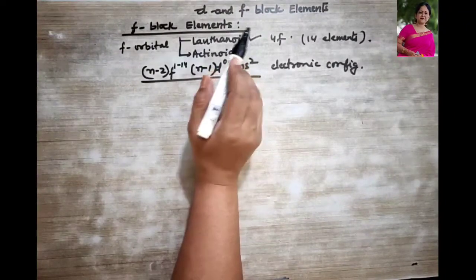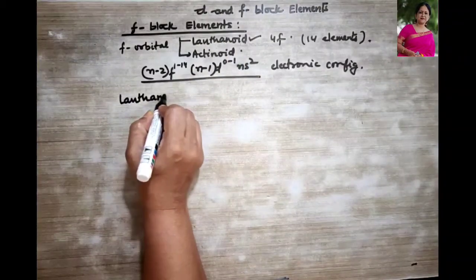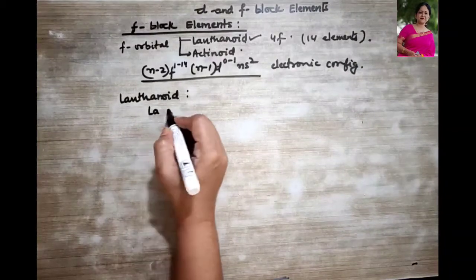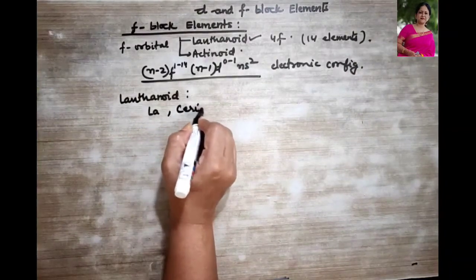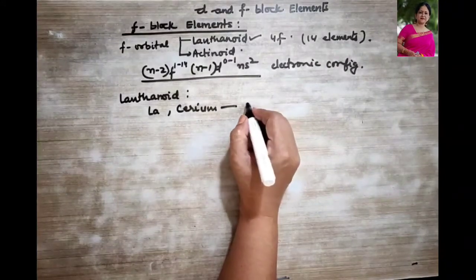And the lanthanoid series starts from lanthanum, goes to cerium, and goes till lutetium, okay?